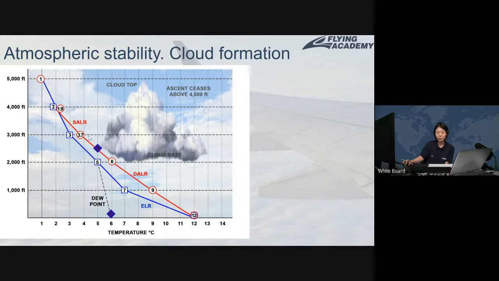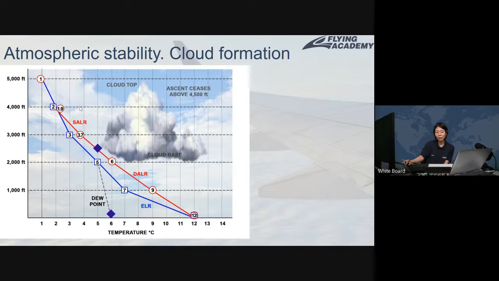Now it becomes a saturated air parcel, and it's going to lose minus 1.8 degrees Celsius per 1,000 feet. So it becomes 3.7. This air parcel is still warmer than the outside temperature, so it wants to go up again. Another 1,000 feet up, saturated air loses 1.8, so 1.9 degrees Celsius.